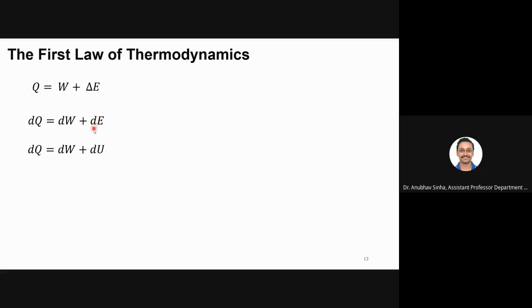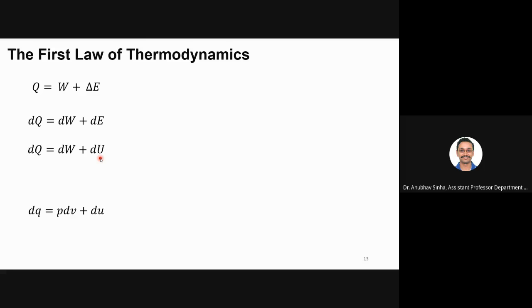Now, what we have discussed in the last slide is that total energy is basically your internal energy, so instead of dE, I will mostly be referring to dU. If you look at the example numericals for this chapter, we'll mostly talk about dU. Unless otherwise stated, you will take dU.